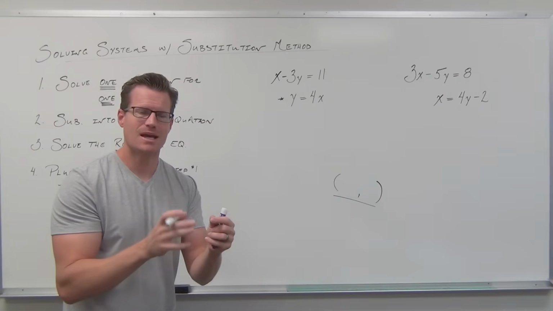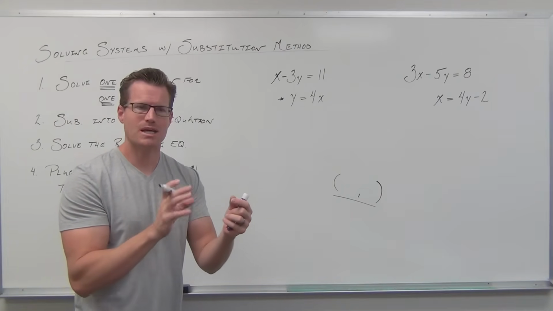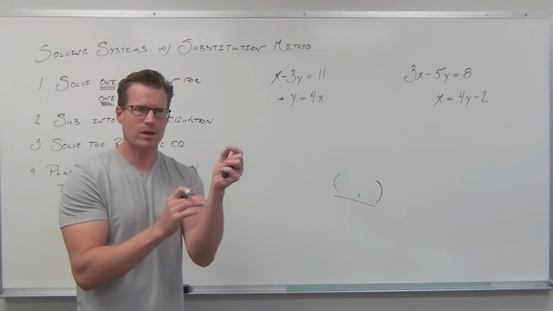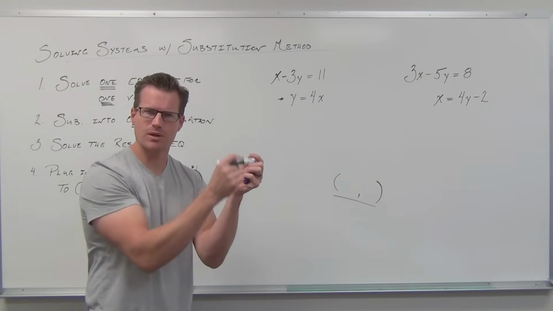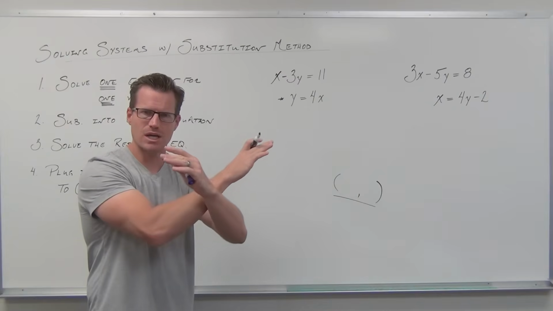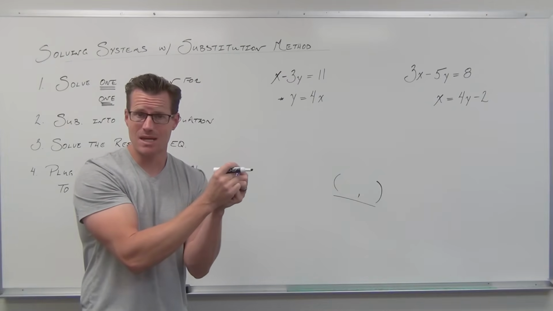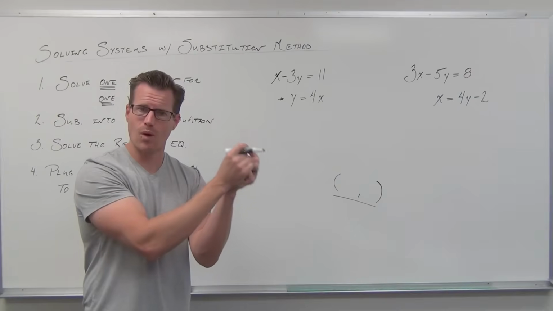What that means is we're kind of tricking the problem. We say, wait a minute, if I have one point, that y is going to be the same value no matter what equation I plug it into, that point of intersection, that y is going to be the same on both lines. That's the same y.